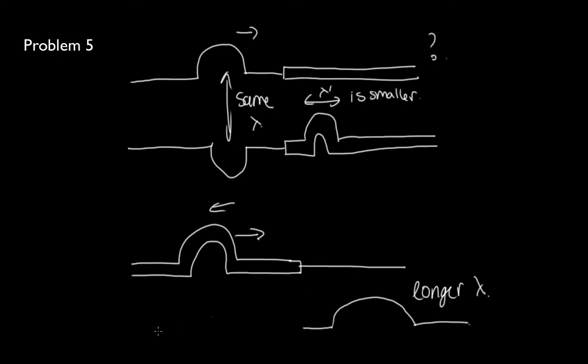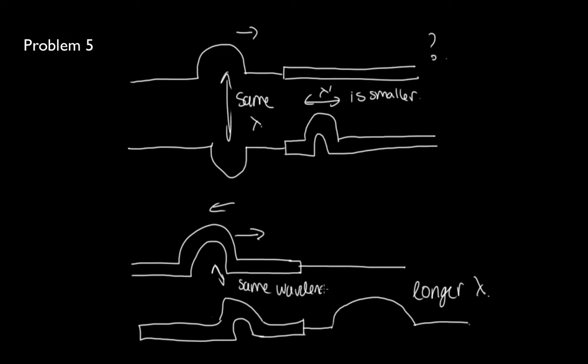And some of it is reflected. When it's reflected off a less dense medium, it doesn't undergo a phase change. So it's reflected back on the same side of the string. So these two should have the same wavelength. This wave is travelling in this direction and this one's travelling in this direction. So that's everything we can say about that question.